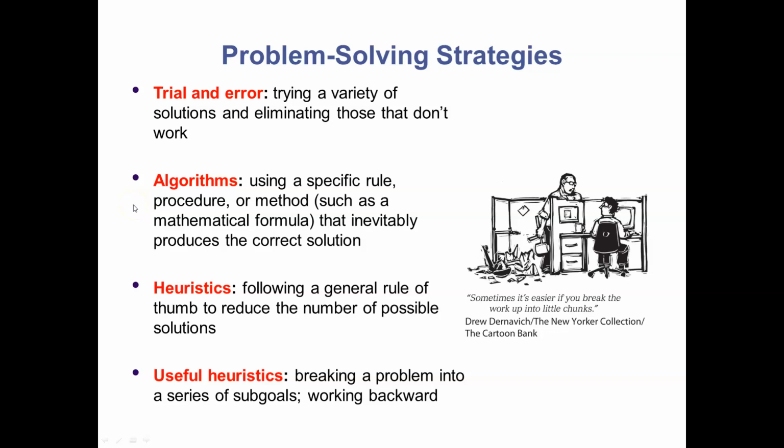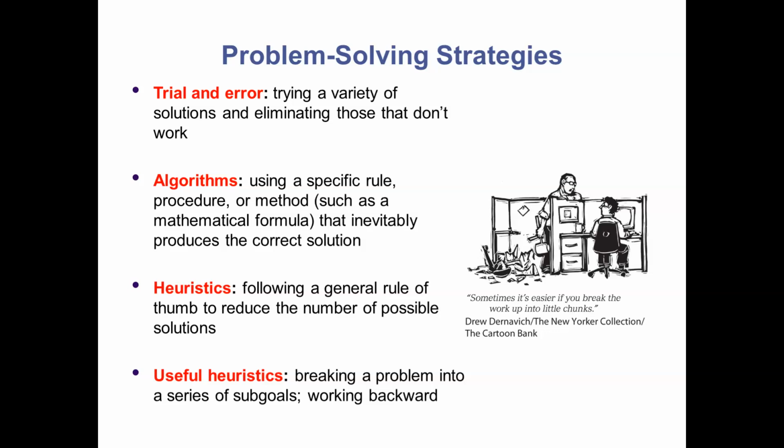The third type of problem-solving strategy is what's known as heuristics. Heuristics is basically when we follow a general rule of thumb to reduce the number of possible solutions. So we're narrowing it down. If you've ever heard that phrase, let's narrow this down, well, basically we are starting to narrow it down into a heuristic.